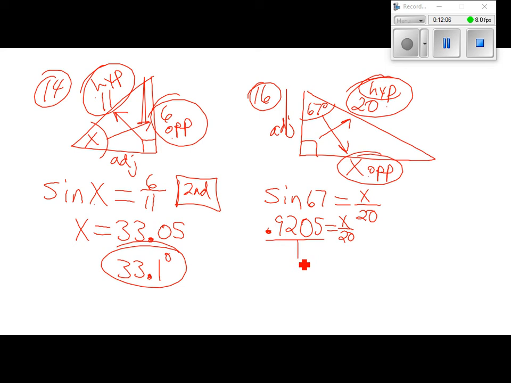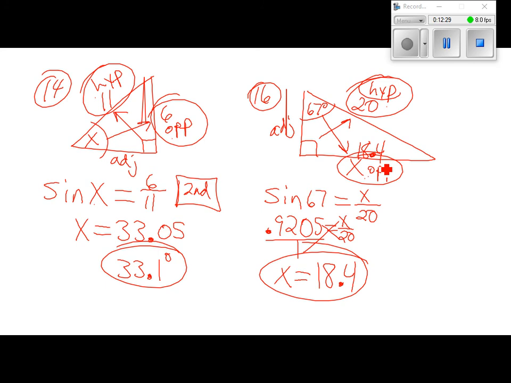Put a 1 underneath that. This is one of the nice ones because when we cross multiply this way, we just get x. When we multiply this way, you just take that number times 20. And you end up with about 18.4. So the length of this side right here in this triangle would have to be about 18.4.